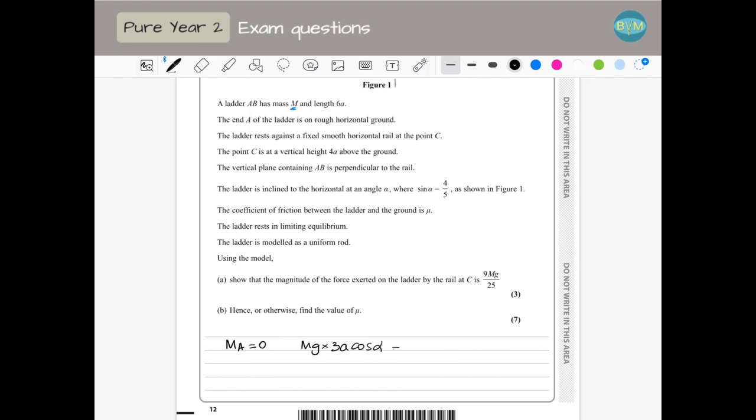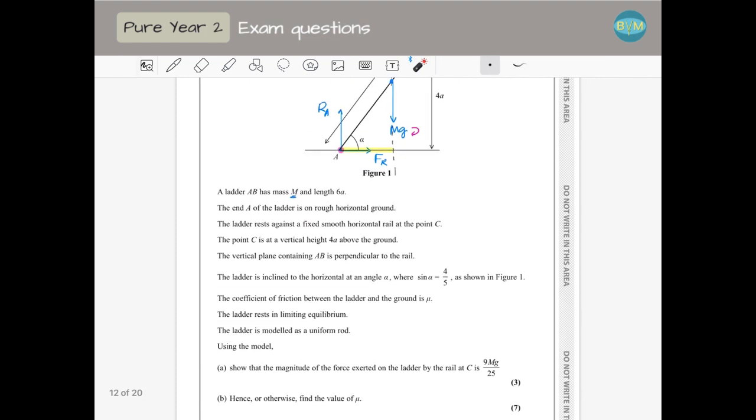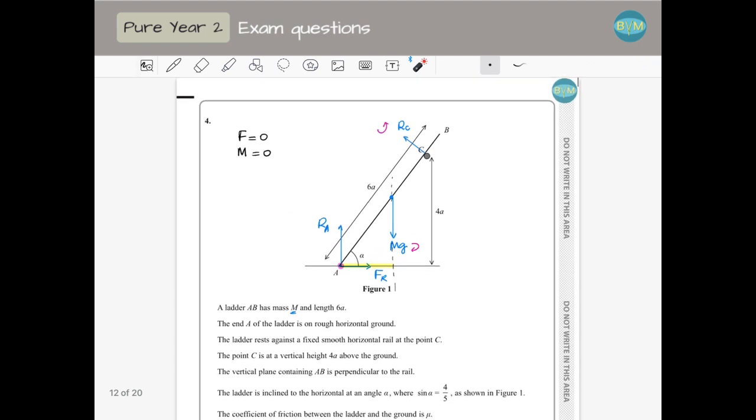This is going to be equal to the moment that this one produced, the anti-clockwise moment. So it's the force times perpendicular distance, from the point to the line of the force. Again, this is the line of the force. So my perpendicular distance in this case is going to be this one, perpendicular here.